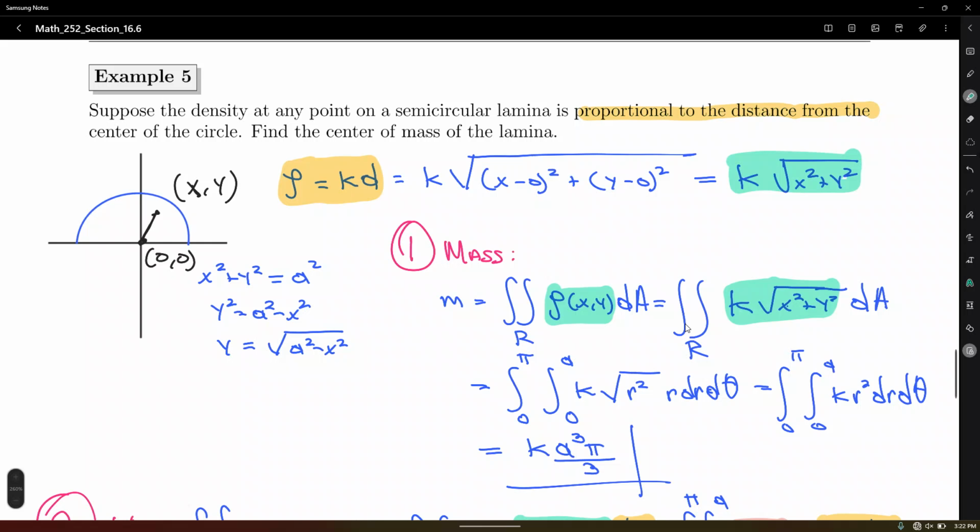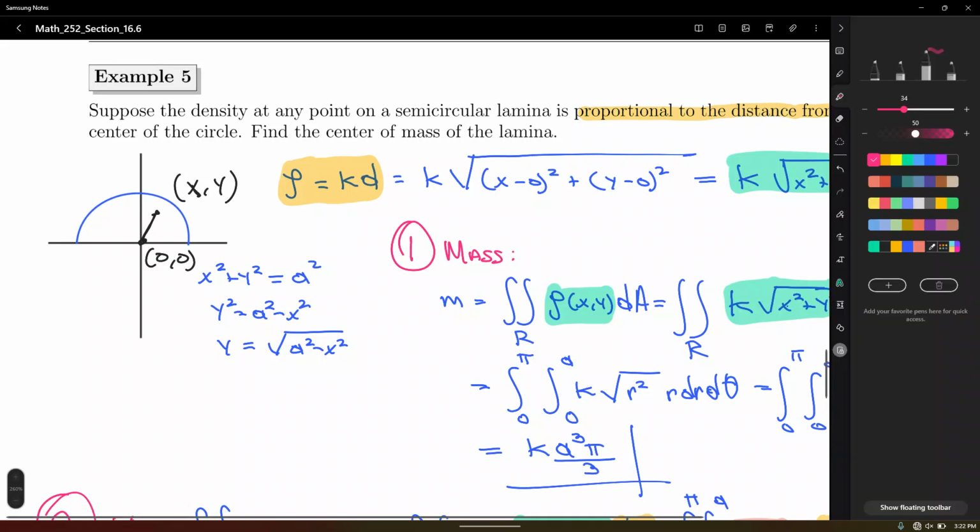So here, notice the radius of the circle is not given. So that's going to be a circle of radius, let's just say, a. It could be any number, radius 5, radius 7, radius 9, whatever that is.